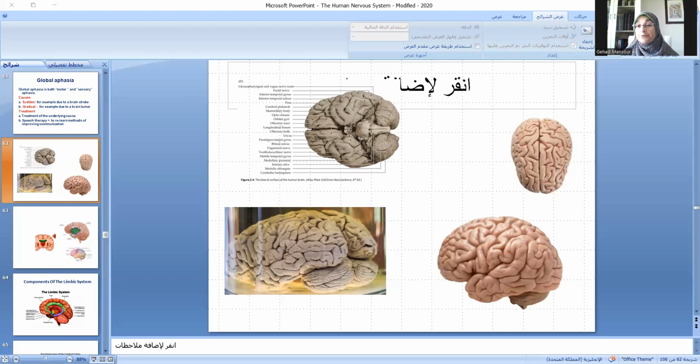Here, number 7 is a very peculiar area that is called Wernicke's area. It is present in the parietal lobe, and it is considered the sensory center for speech. What do we mean by sensory center for speech?